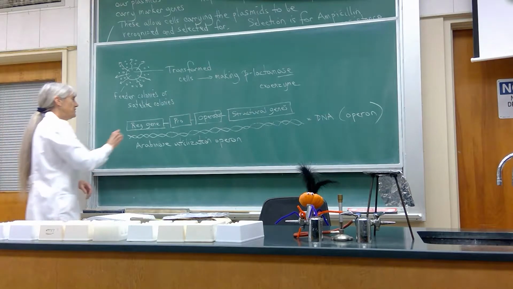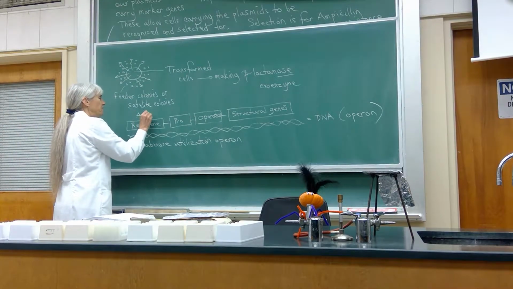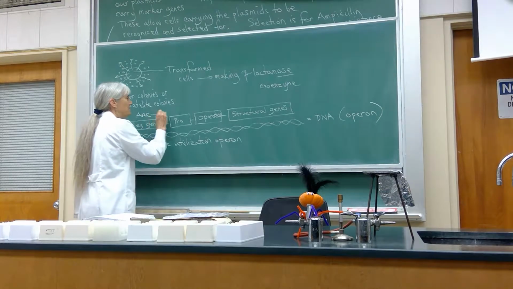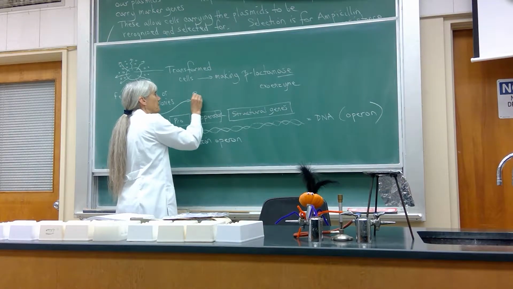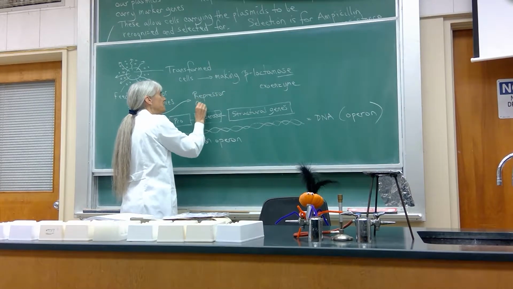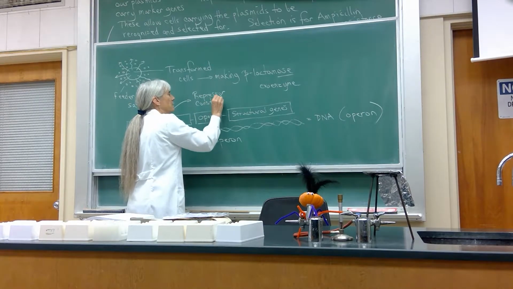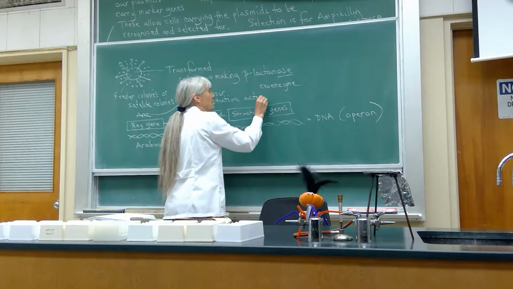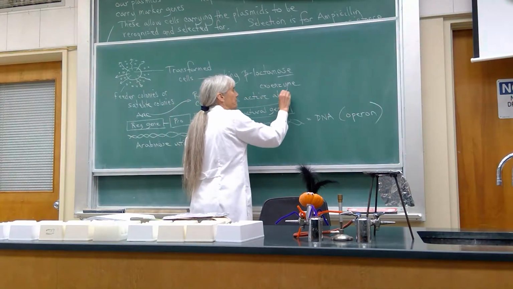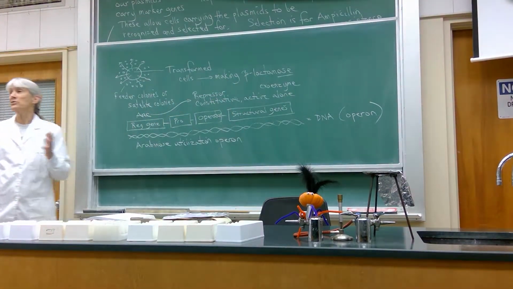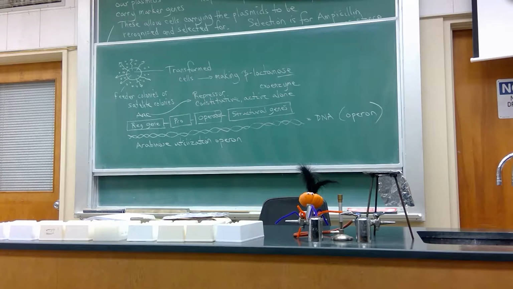So this regulatory gene, which is called araC, encodes a repressor. It's constitutive, and it's active alone. If the repressor is constitutive, that means it's always being made. If it's active alone, what does the repressor do?